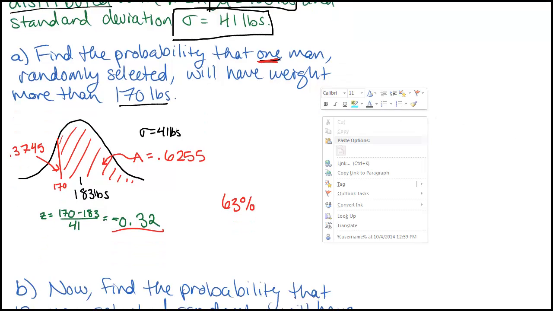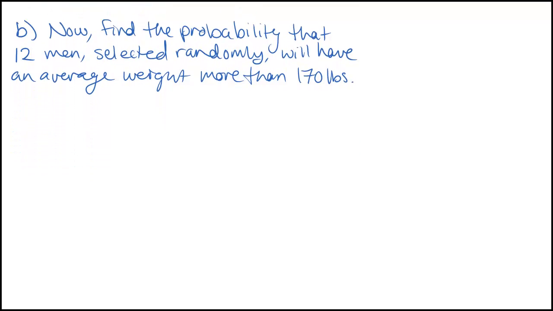To do that, we're going to have to treat this as a sample. So we're imagining picking 12 men, right? We've got a sample with size 12 selected randomly, and we want to know the probability again that the weight is more than 170 pounds.